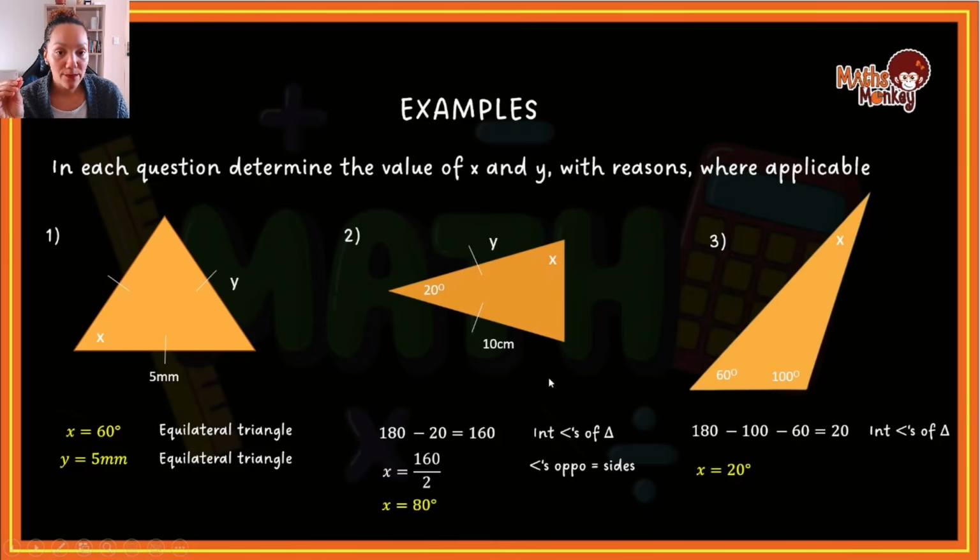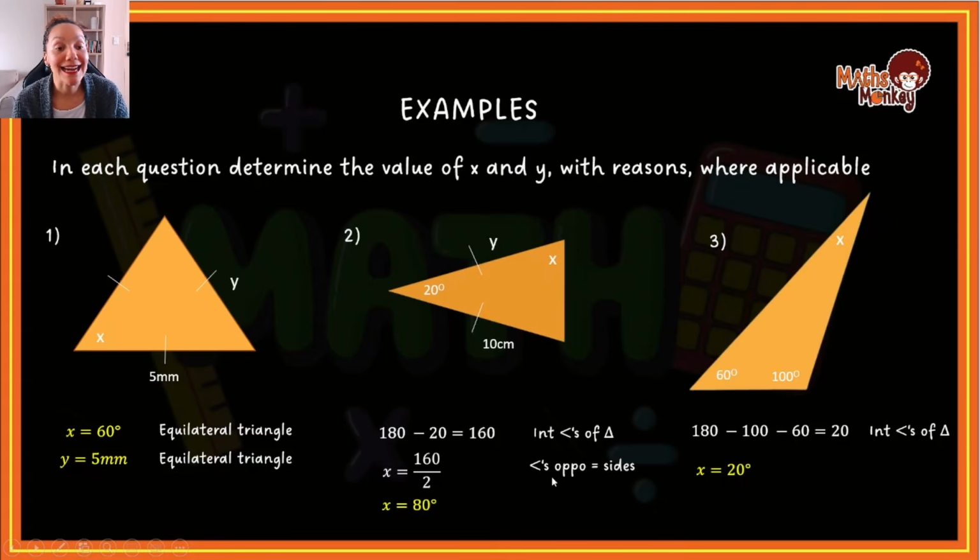So I want to emphasize, when you're using the rule of angles add up to 180, you don't specify what type of angle it is. So here, we used interior angles of a triangle, and here we use interior angles of a triangle. Also, when we are applying the rules of a scalene and when we're applying the rules of isosceles triangle, we don't, as a reason, refer to the type of triangle.